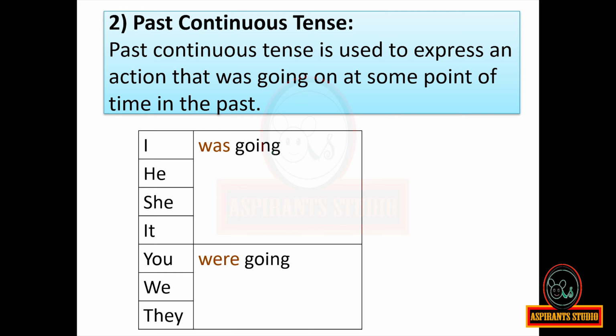For you, we and they, the auxiliary verb were is used with the present participle. Were is the plural verb, while was is the singular verb.